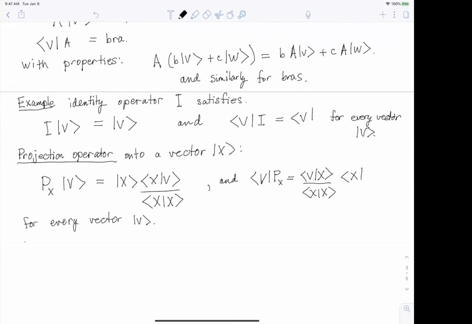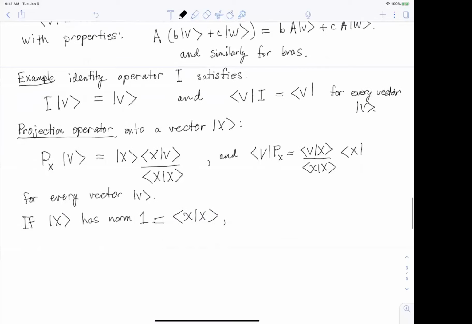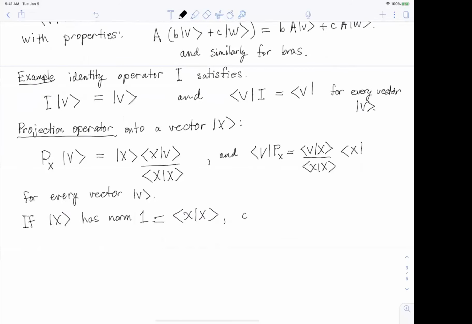That's the definition of this thing. So a good special case is, what if x has norm 1? Norm 1 means x inner product with itself is 1. And so then it was a waste of time to write all these denominators in that special case.